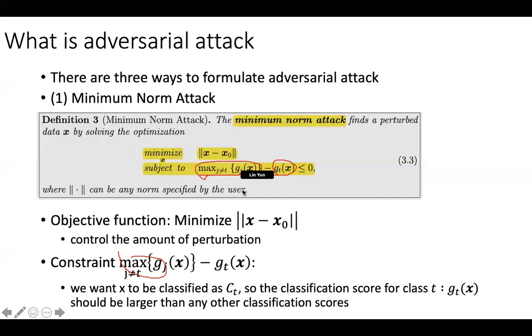Is i a label or a class? This is the j-th entry of the classification score vector. Okay. So the max is just taking the maximum classification score other than class T, and we want class T to be higher than any other class, which makes this constraint non-positive.